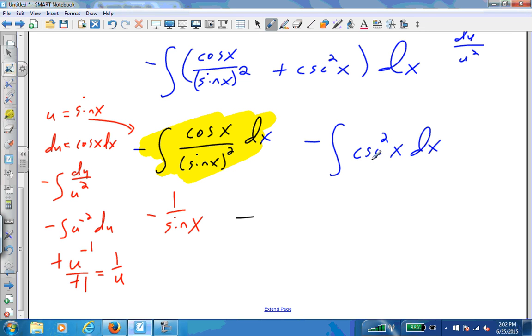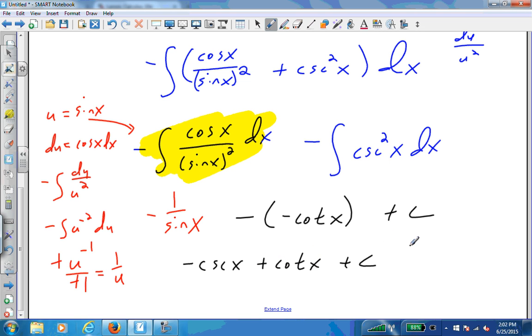The second one, whose derivative is cosecant squared? Well, let's see, the derivative of cotangent is negative cosecant squared. So that is negative cotangent plus c. So 1 over sine, that's cosecant, minus a negative, so plus cotangent plus c.